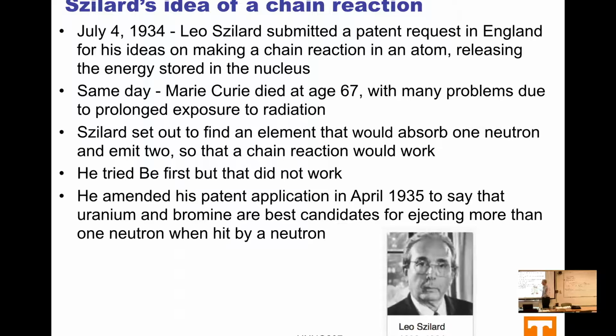And so he amended his patent application in 1935 to say that by his further thinking, the two best candidates for an element to possibly multiply neutrons and make a chain reaction would be uranium or beryllium. So he was ahead of the game. This was 1935. And we really didn't start down this road of trying to do something about the chain reaction in a bomb until more than 5 years later.